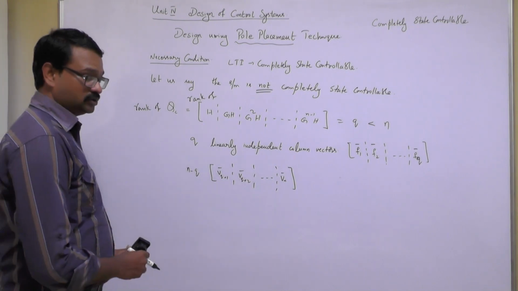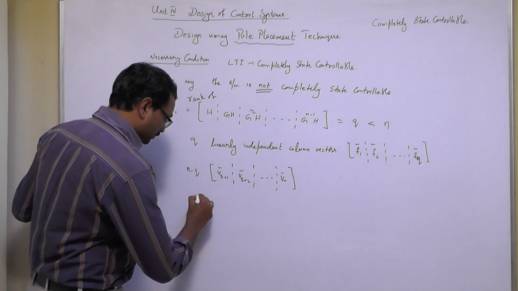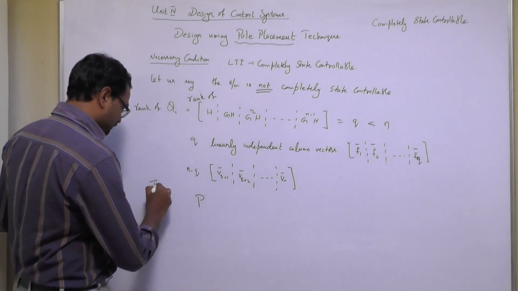Now let us choose a matrix P, which is a transformation matrix.